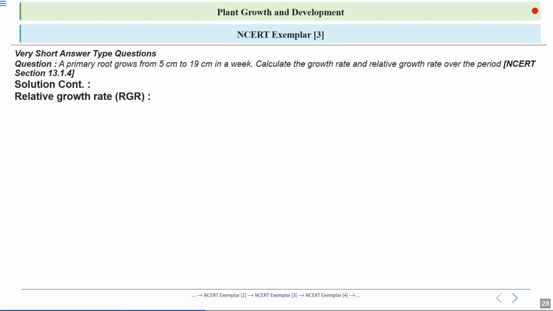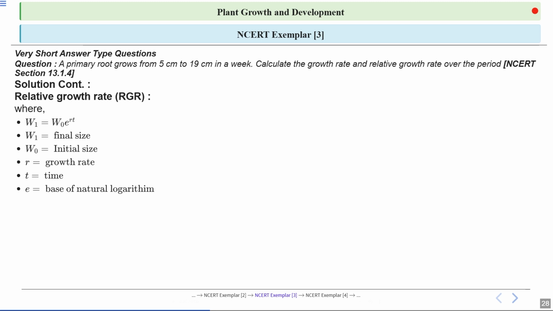Now let us talk about the relative growth rate, because we have to find this also. For the relative growth rate, we use the formula W1 is equal to W0 e to the power rt, where W1 is the final size and W0 is the initial size of the plant. r is the growth rate, t is the time, and e is the base of the natural logarithm.